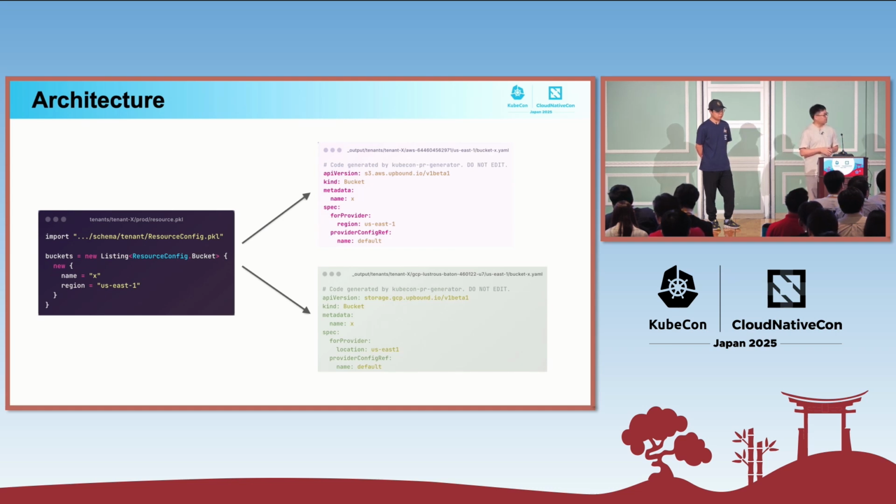And then in the end, Prow and Pico will help generate the actual resource claim on the right side. So on the top is an S3 bucket called X in US East 1, and at the bottom is a GCS bucket in GCP, also called X in US East 1. So in this case, the user doesn't need to consider how many accounts we have, how many cloud providers they have.